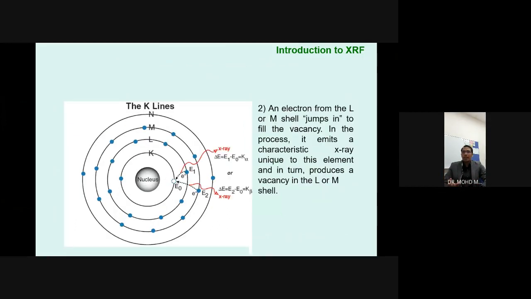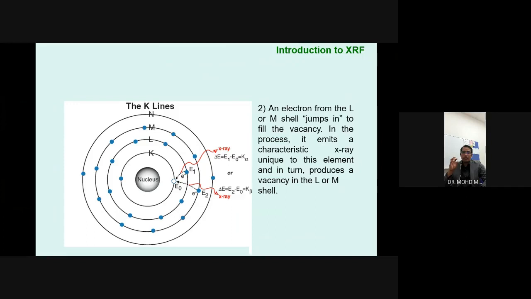If you see, an electron from the L or M shell jumps in to fill the vacancy. As you see in the figure, the electron from L or M can jump in to fill the vacancy, because the vacancy is already created.